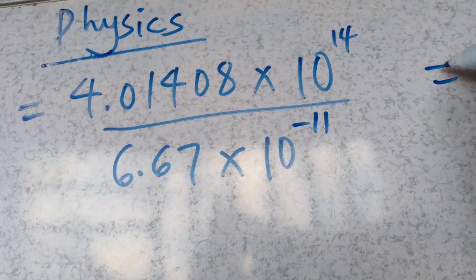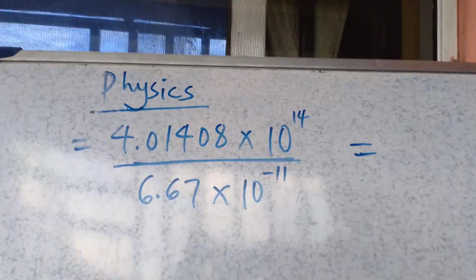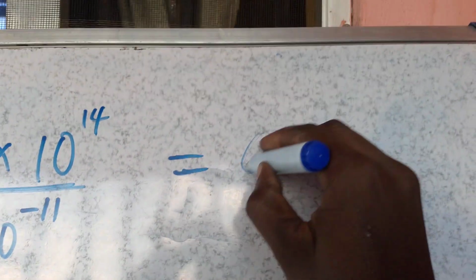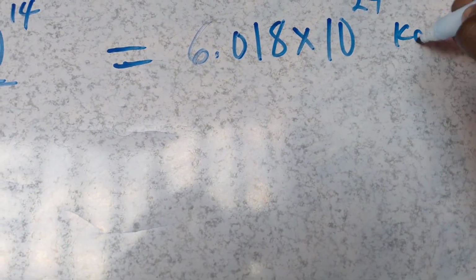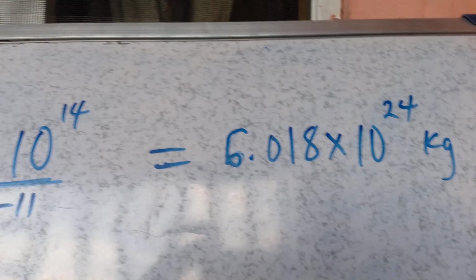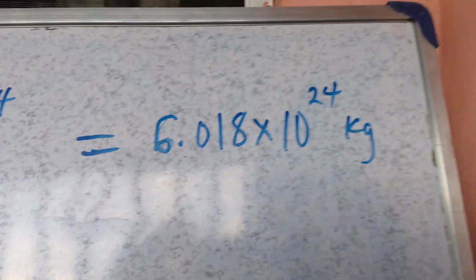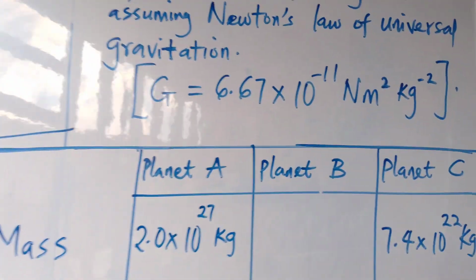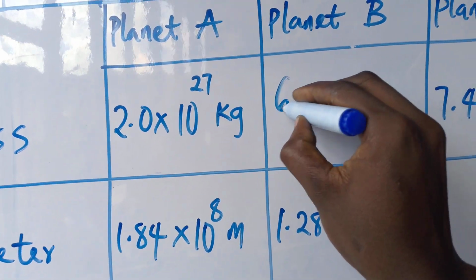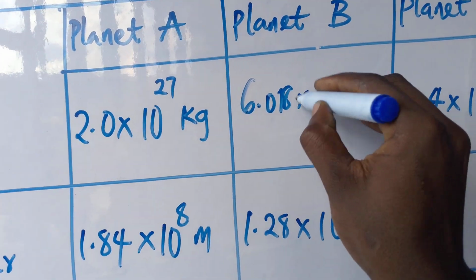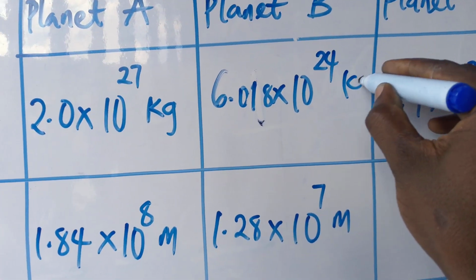If I do the division, this will give me 6.018 times 10 raised to power 24 kilograms. So we have obtained the mass of the planet as 6.018 times 10 raised to power 24 kilograms.